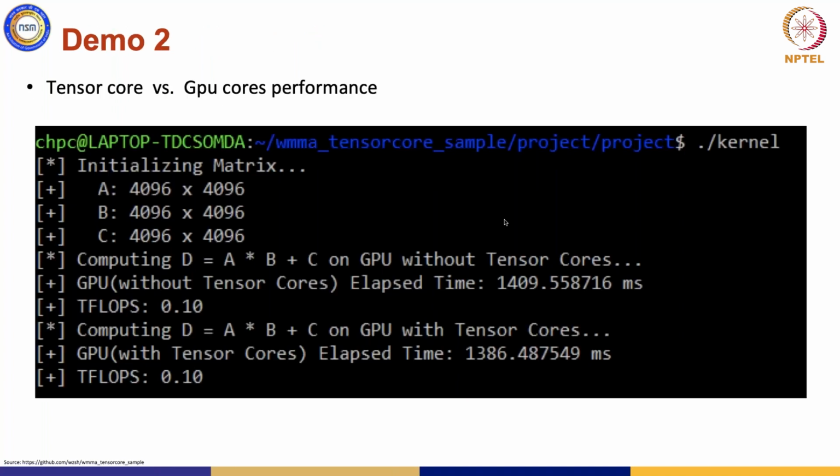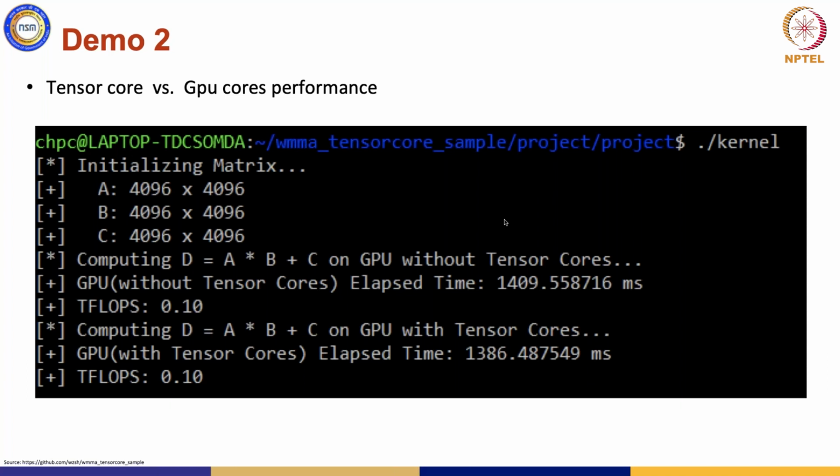If you see this, we are trying to use 3 matrices, 4096 cross 4096 each. And then you do the computation, which is the same thing we were thinking of: D is equal to A into B plus C.